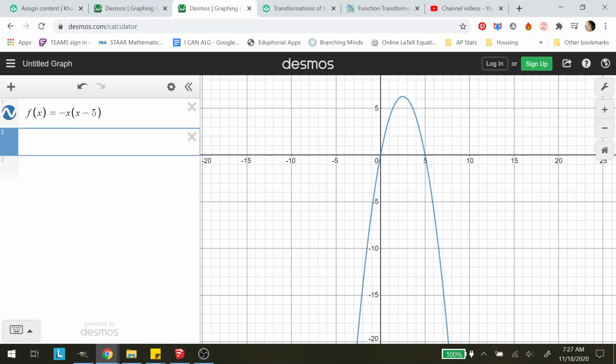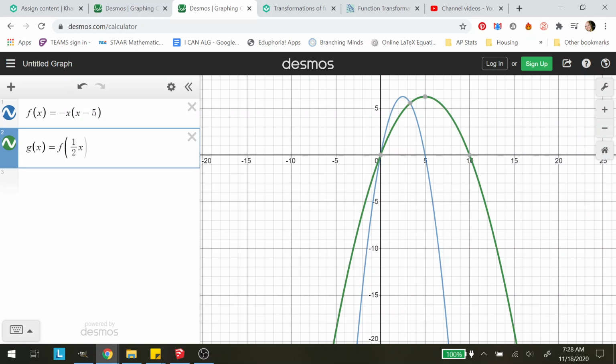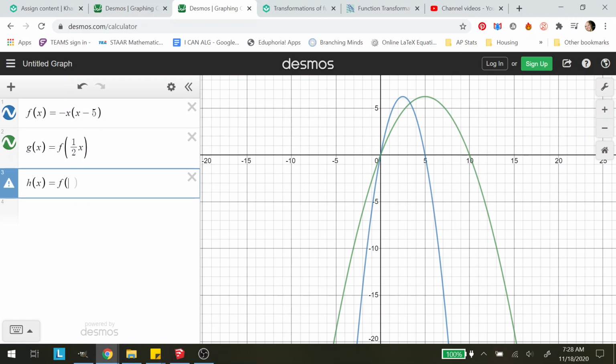And I can't remember if I'm supposed to do the 1/2 on the outside to make it bigger, or the 1/2 on the inside. You can see the 1/2 on the outside makes it shorter, and 1/2 on the inside makes it fatter. I think I said that backwards. 1/2 on the outside makes it short, and 1/2 on the inside makes it wide.